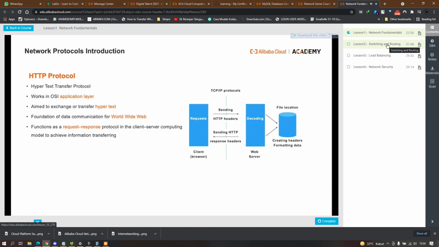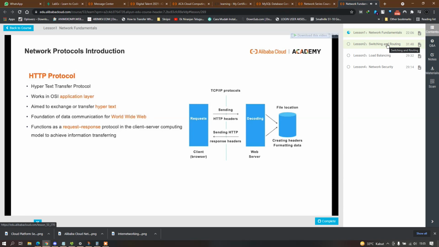And HTTP is aimed to exchange or transfer hypertext. Because as we know, hypertext is the most widely used information format on the internet, right?